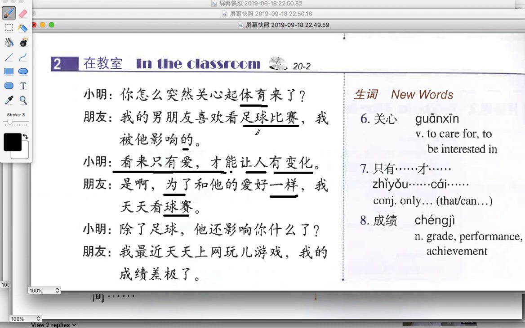So 球赛 is 足球比赛 in the context. It could be 篮球比赛 if you change the context.